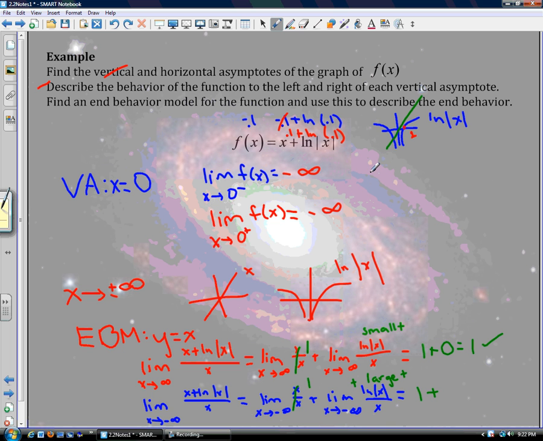That's a big negative number, a larger negative number. So, a small positive divided by a large negative. Small divided by large is going to approach 0 regardless of the signs. Technically it'd be like negative 0, but that's the exact same thing. So we get 1 and check.